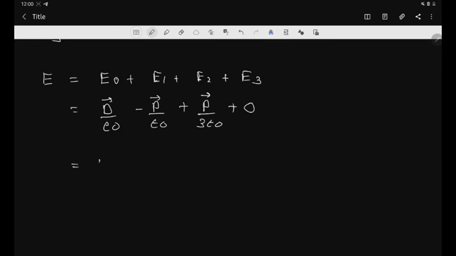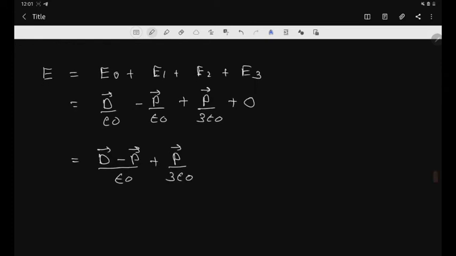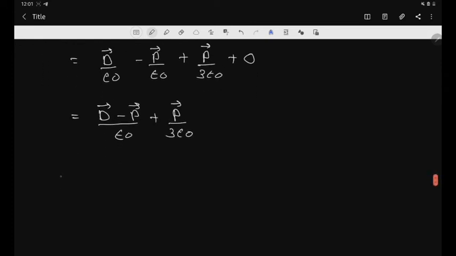We will get the displacement vector minus the polarization vector divided by epsilon naught, plus the polarization vector divided by 3 epsilon naught. And if you remember, the displacement vector we have shown is equal to E0 into epsilon naught plus the polarization vector.